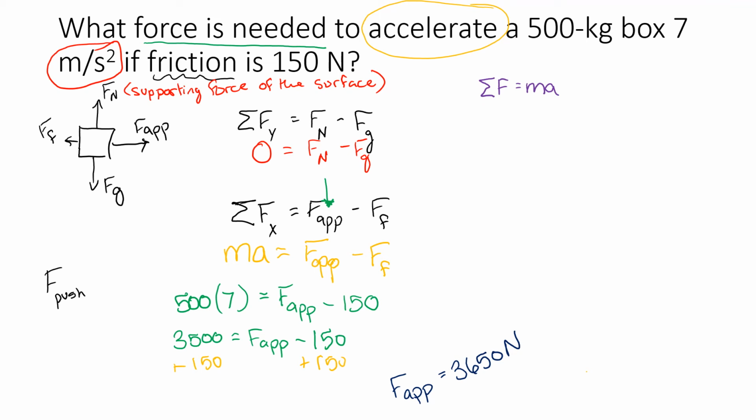Do I need to add this force or subtract this force? Am I going to multiply mass times acceleration and then add? Multiply mass times acceleration and subtract? Am I going to divide? That can get really confusing if you don't write things down.